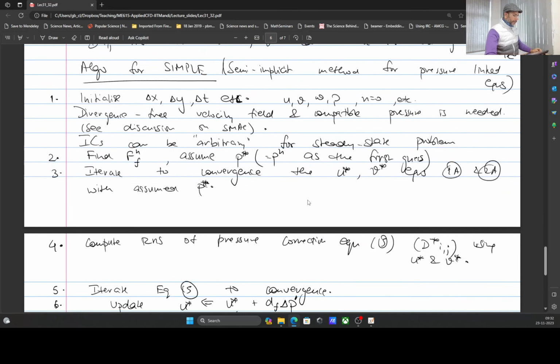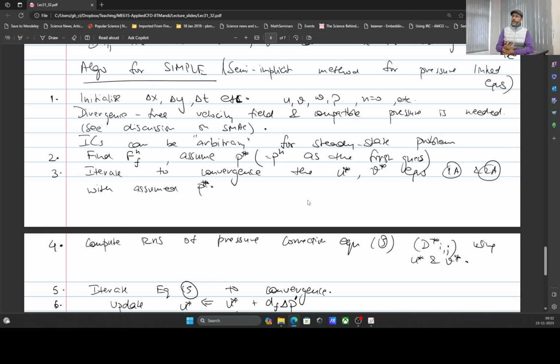So this is the algorithm. In step number 2, we said find f_n. Here, instead of f_n, we use an f star. So we get another loop, which is called a nonlinear loop for mass flux.